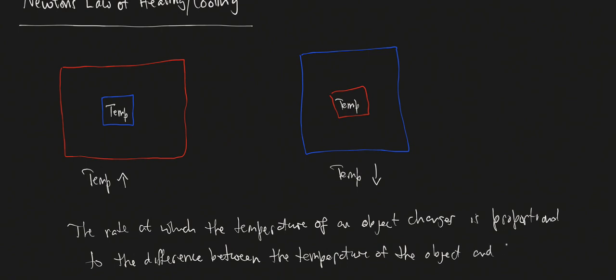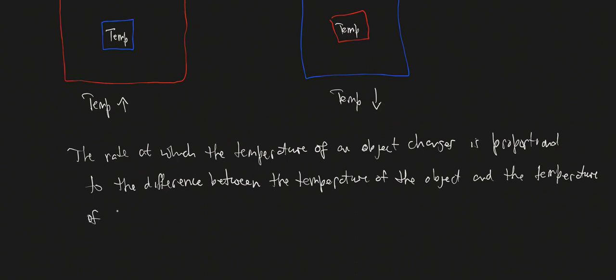And the temperature of the surrounding medium, meaning it could be air, it could be water, is often called the ambient temperature. And the temperature of the surrounding medium could be constant, like in a well-controlled environment, or it could be variable.